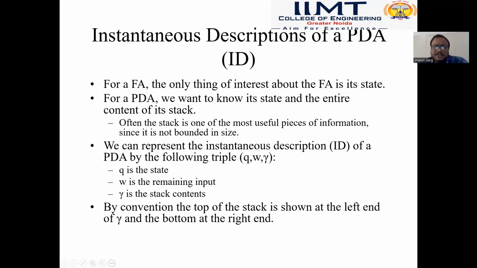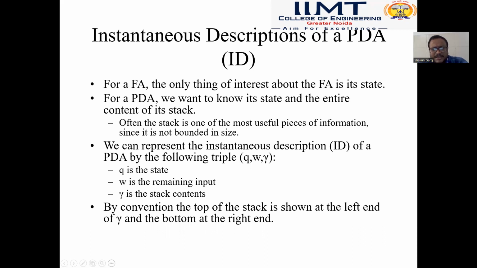Now the third is the instantaneous description of a PDA, which in short form is called ID. For a finite automaton, the only thing of interest is its state. For a PDA, we want to know its state and the entire content of its stack. Often the stack is one of the most useful pieces of information since it is not bounded in size.